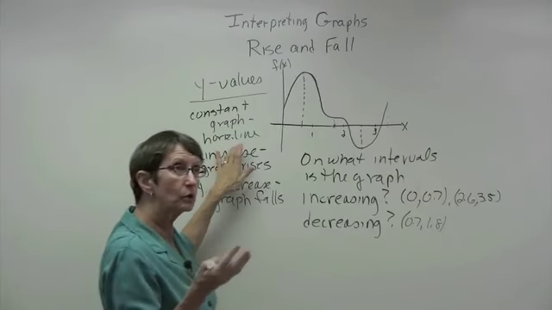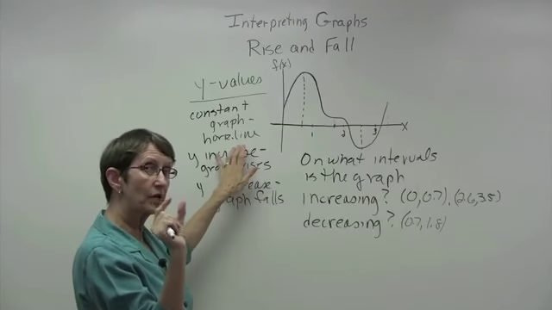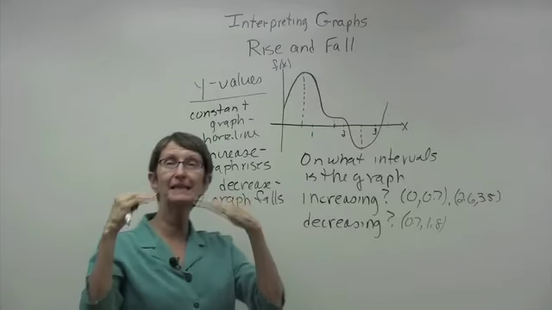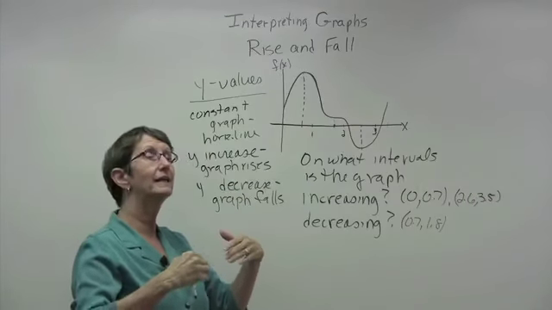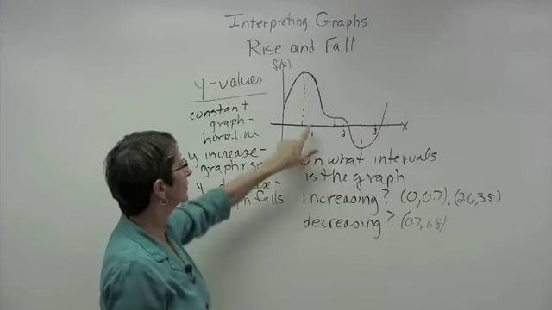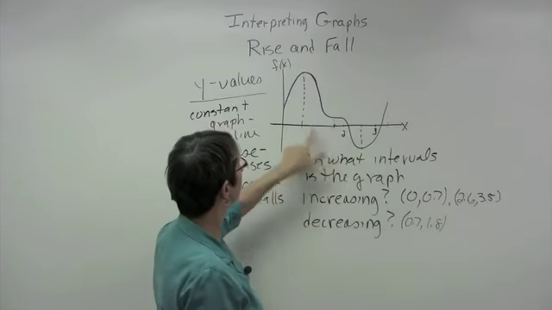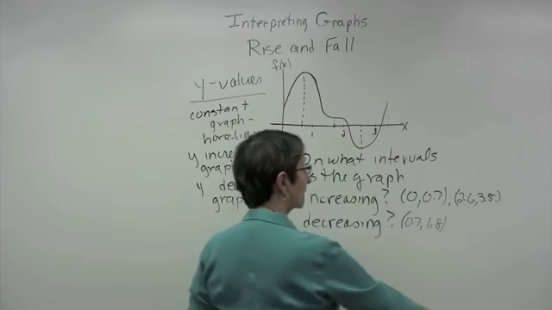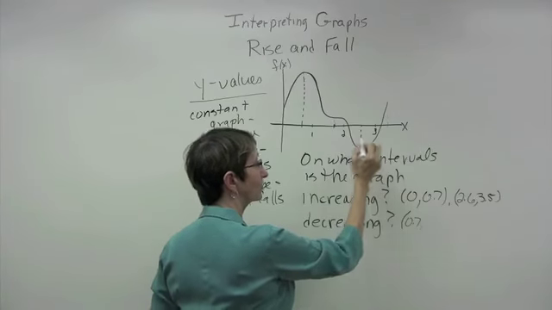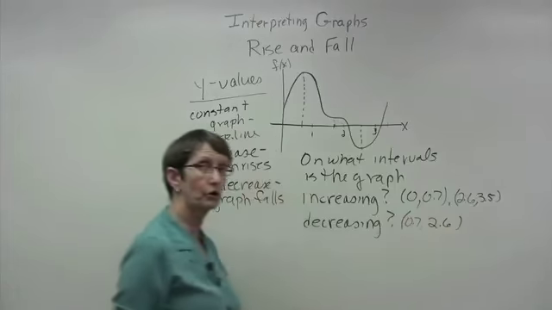And sometimes when you look at something on a computer with the pixels, it looks totally flat. Generally, with a function, it's not going to be totally flat unless it's piecewise. If we have one thing that says f of x equals, we're not going to have flat pieces. So the pixels may look flat, but even though this looks like it flattens out about 1.8, it doesn't really. It continues to decrease till we get down here to the bottom, which we guessed was about 2.6 before it started to rise again.